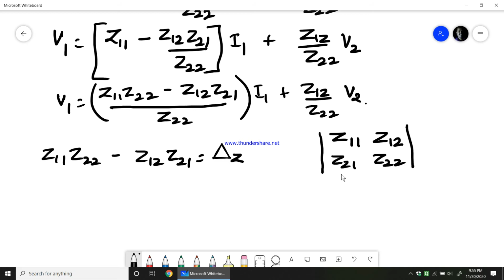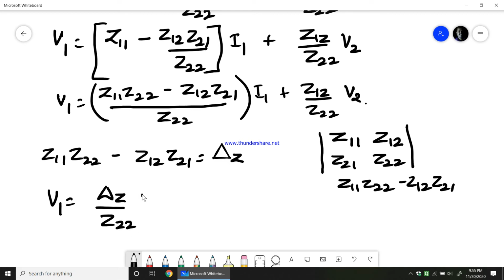If I take the determinant of this, what will I get? Z11 Z22 minus Z12 Z21. So that is what I have written here. Delta Z equals this. Therefore, V1 would be equal to delta Z by Z22 I1 plus Z12 by Z22 V2.